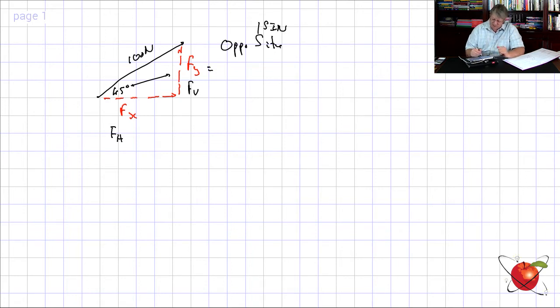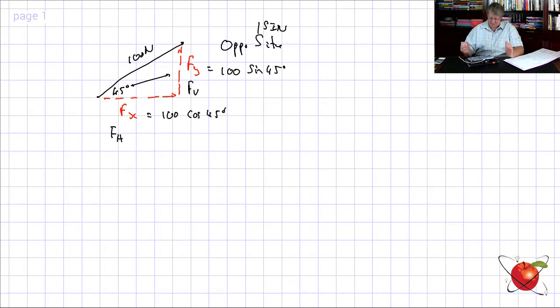That's what we do. Remember, it's always wise to just stand in the angle and find opposite as the sine, because if this changes direction, it can be pointing downwards or at angles and things like that. So we say that is going to be 100 times the sine of 45 degrees. This is going to be 100 times the cos of 45 degrees.